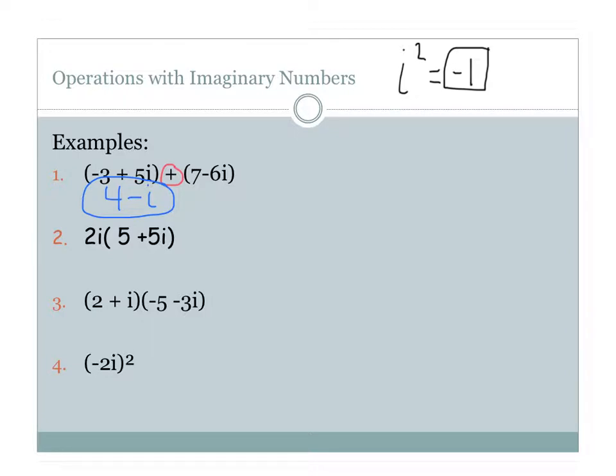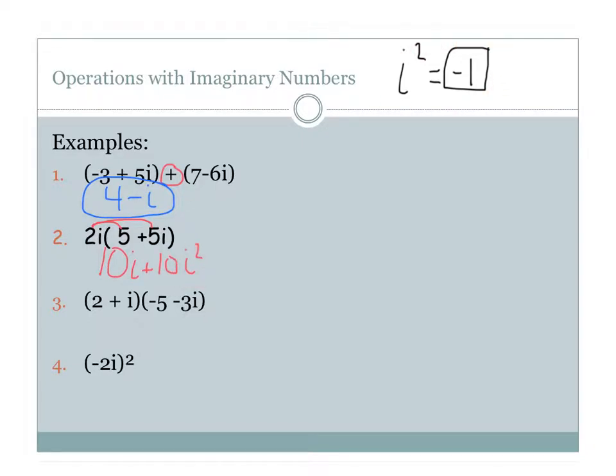The next one, here I have to distribute 2i, and 2i goes to both the 5 and the 5i. Well, 2i times 5 is going to give me 10i, just like if you had 2x times 5 gives you 10x. And then 2i times 5i gives me 10i squared. Ooh. What did I say about this up here? Well, this i squared is going to need to become a negative 1.